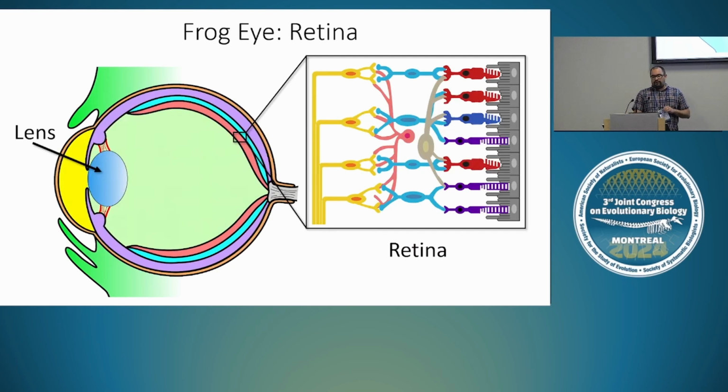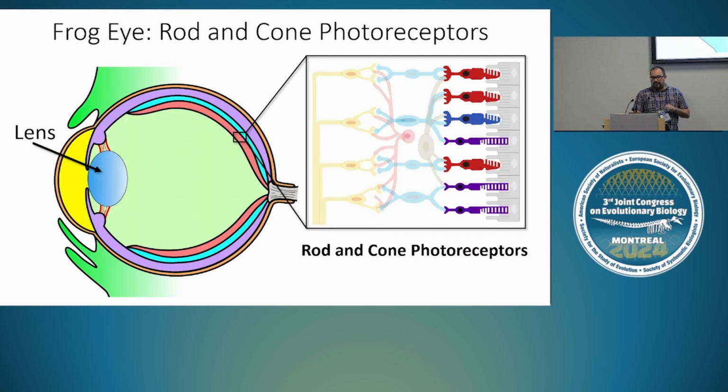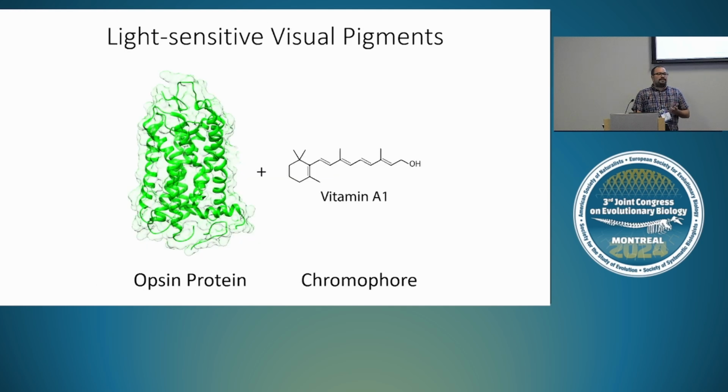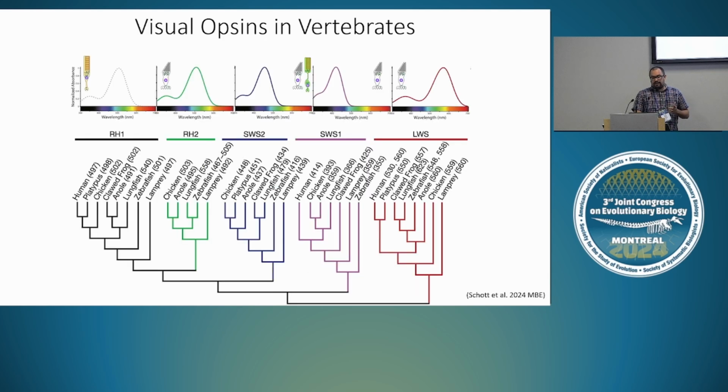To do that so far, we've focused in on the retina and in particular the rod and cone photoreceptors and the light-sensitive visual pigments that they contain. So these are the molecules that are in our eye that actually detect and respond to light, and they're composed of an opsin protein and a vitamin A-based retinal chromophore. And ancestrally in vertebrates, we have 5 different types of opsin genes.